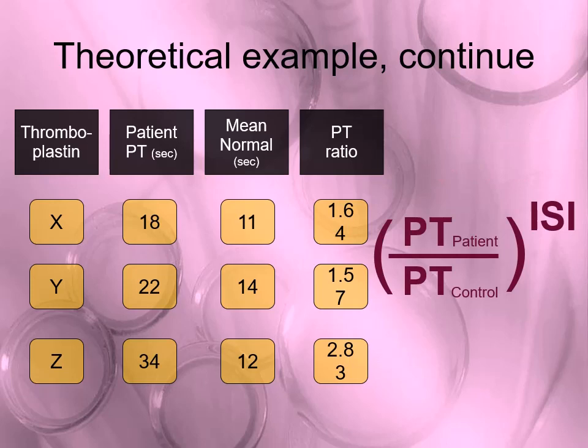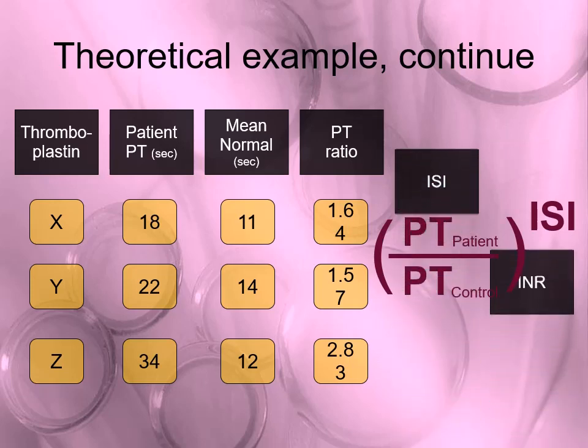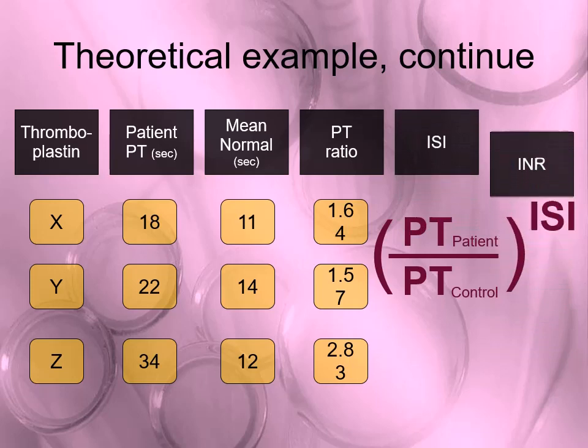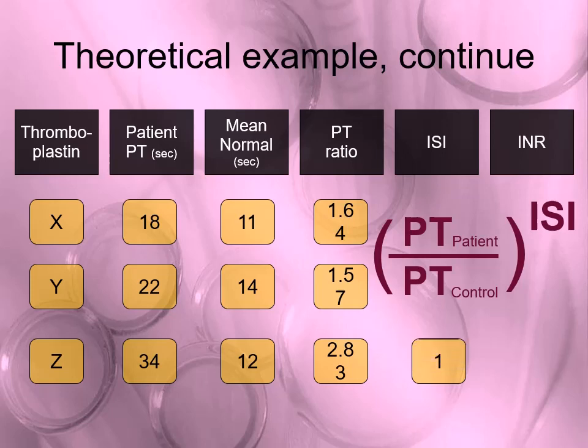Let's say that one of the reagents has an ISI of 1, which is the WHO reference, and let's assume it's Z. Then, applying the INR equation will result in 2.83 to the power of 1, which means it's the same prothrombin time ratio detected by our lab.